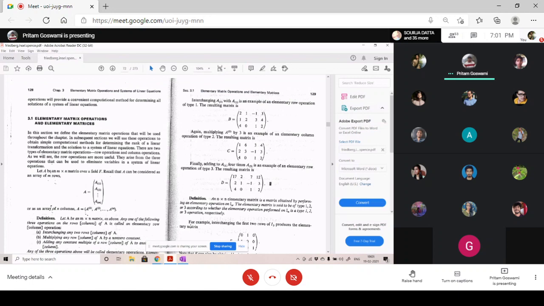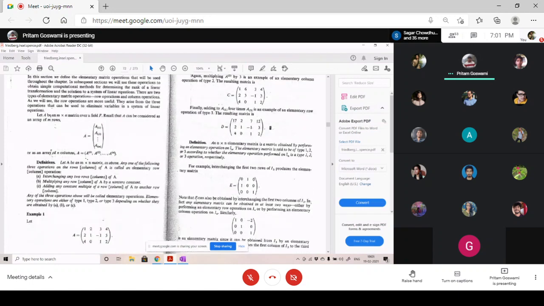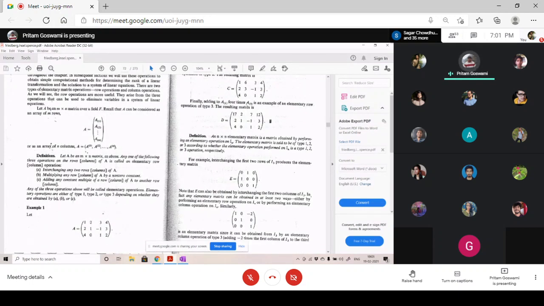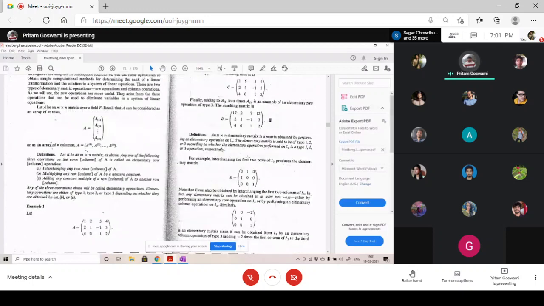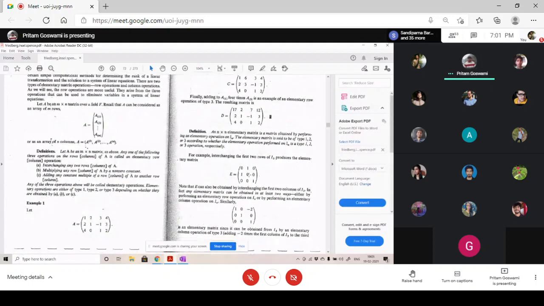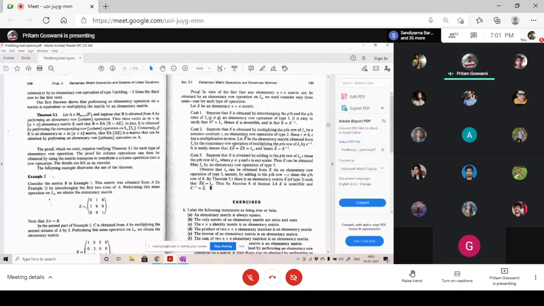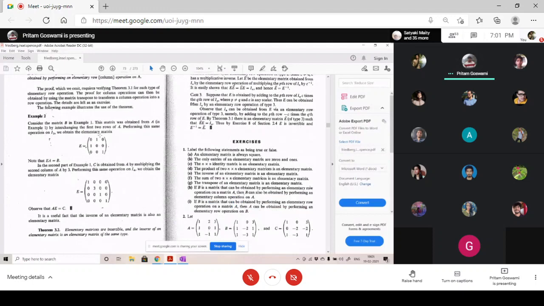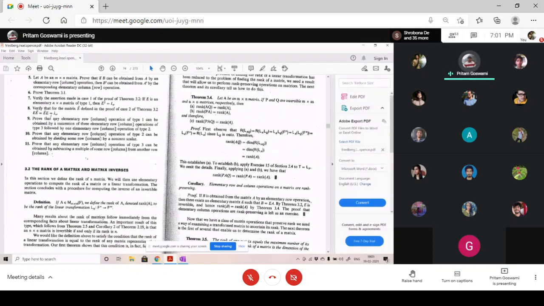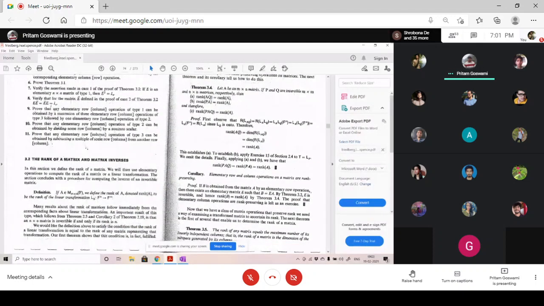Now come to these. Here they have given the examples I already gave you with different matrices. Now, how to get the rank of a matrix?